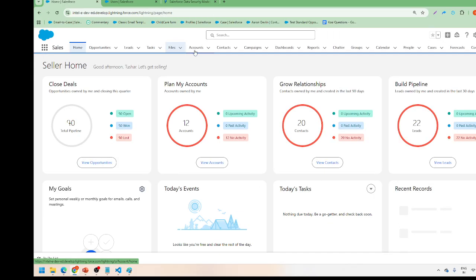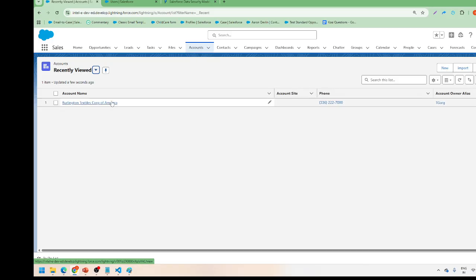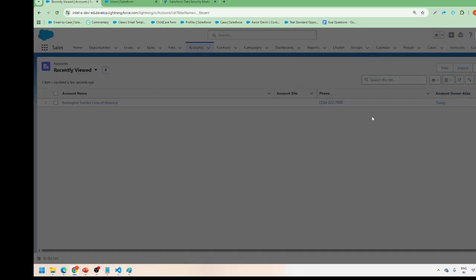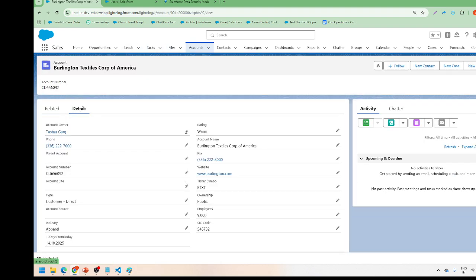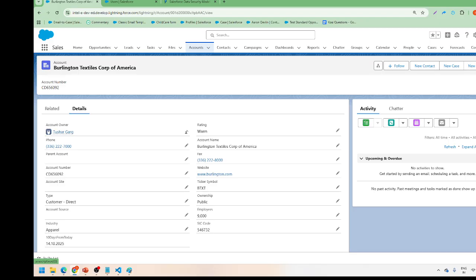Here you see this is the account object. Think about a condition where I don't want to see this account object, or I want to give edit access, or delete access, or something like that. Then this is object level security. We are giving the read, delete, or create permission to the object. So this is object level security.